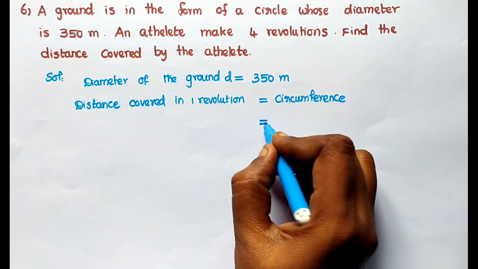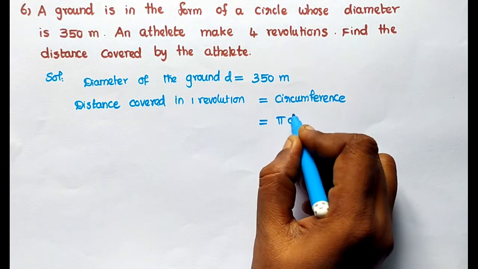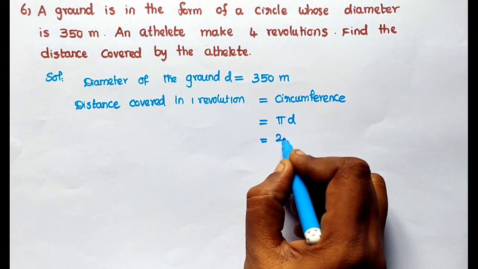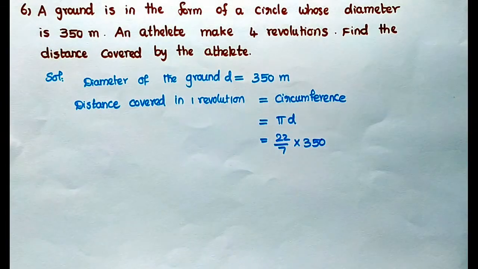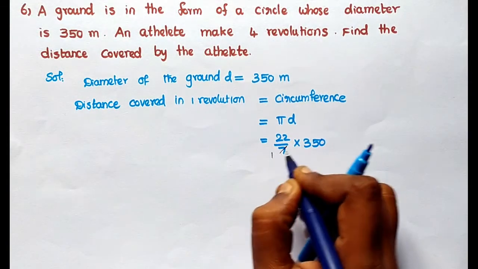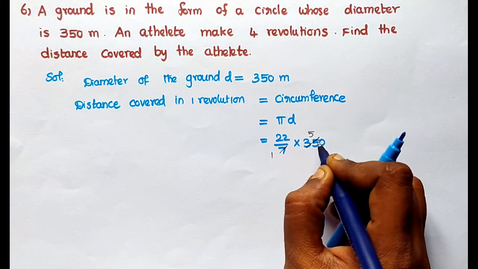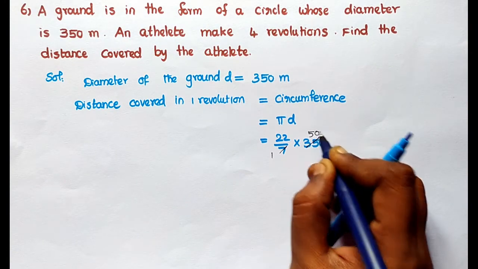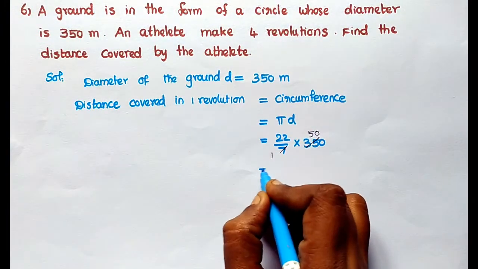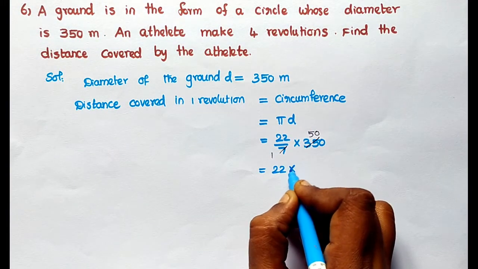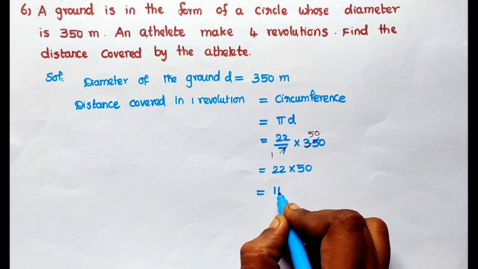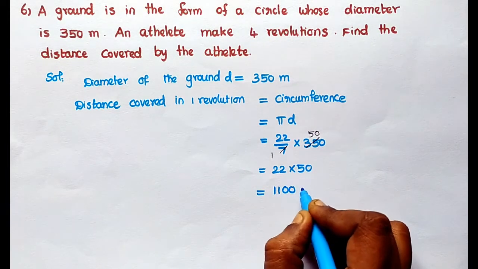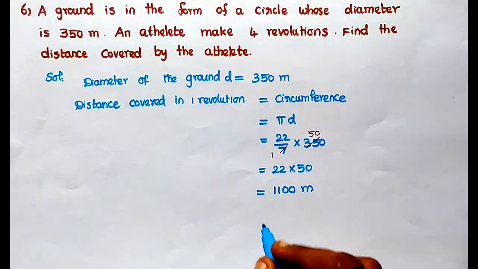So what is the formula? Circumference pi d. So 22 by 7 into 350. Now cancel this number. 1 7 is 7. 5 7s are 35. Put the 0 means 50. So remaining number is 22 into 50. We get 1100 meter. That is 1 revolution.